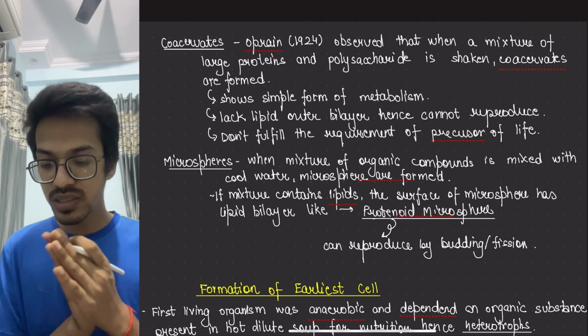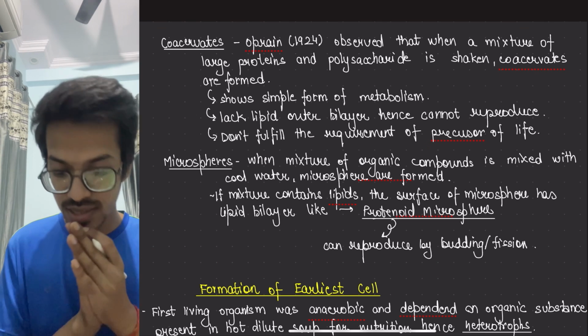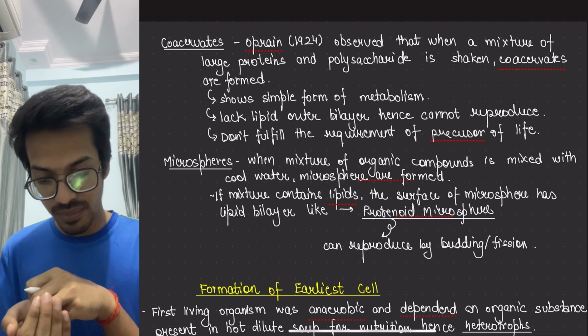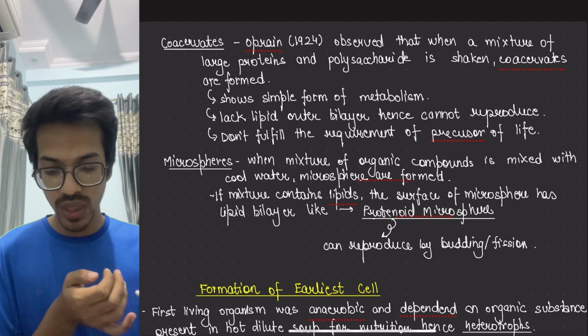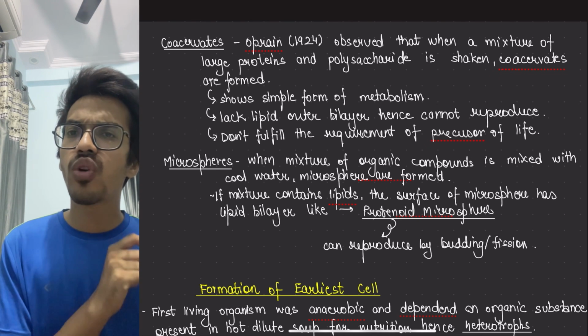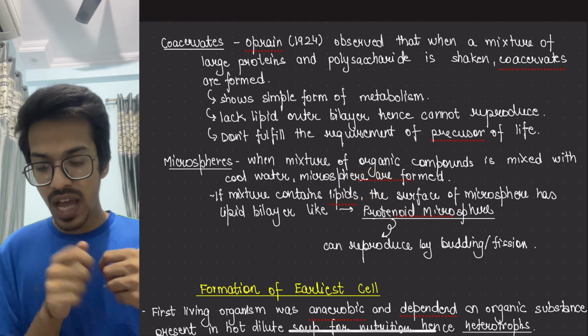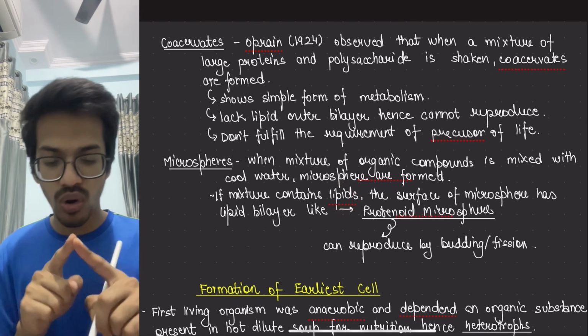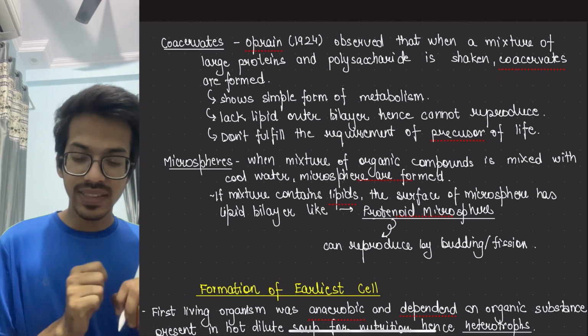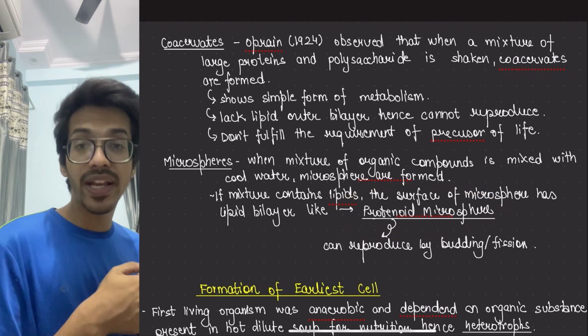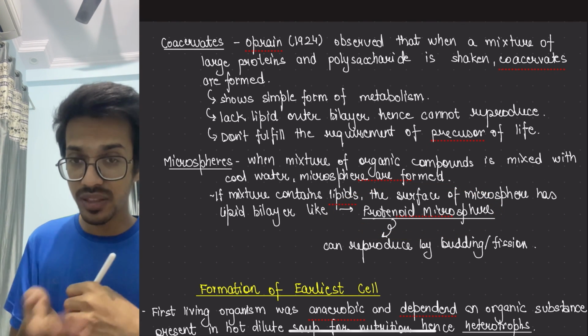Later what happened, certain other scientists mixed more organic compounds in cool water, mixed them first and then put them in the cooling water, and that leads to the formation of what? Microspheres. And microspheres have lipids on their surface acting like a plasma membrane, and these are called proteinoid microspheres.